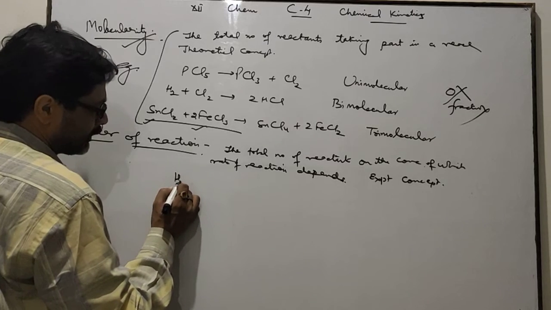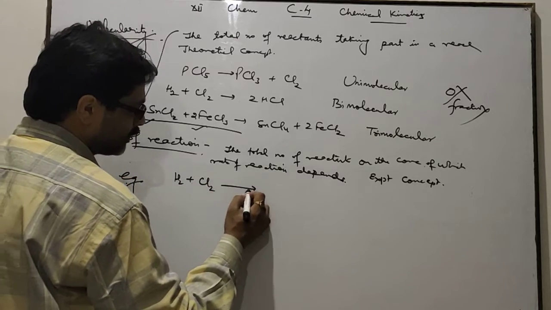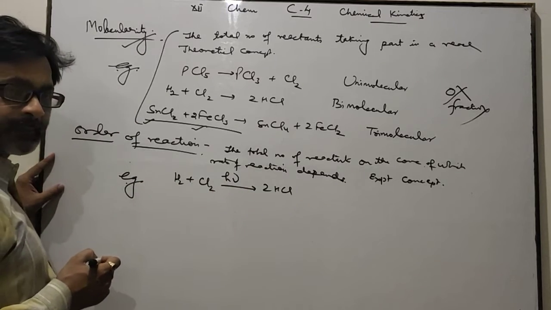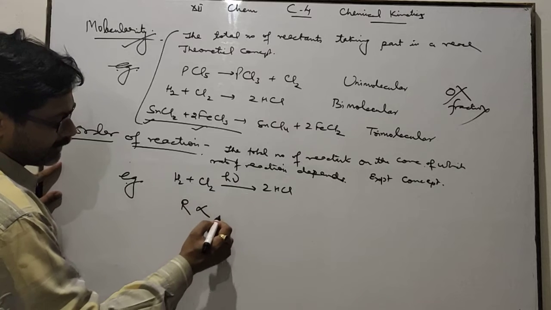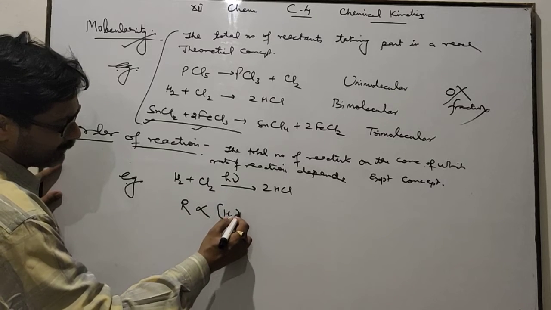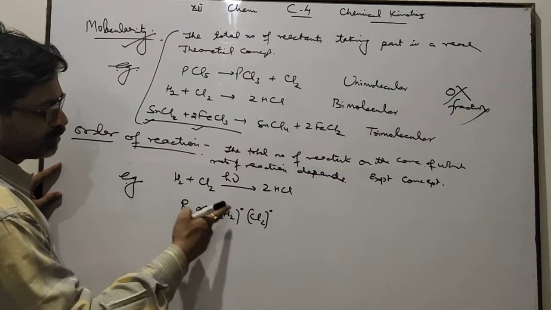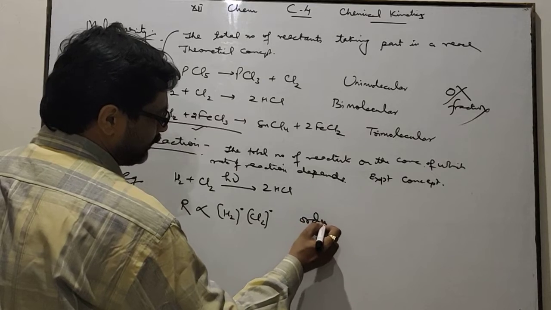Suppose H2 plus Cl2 gives 2HCl in the presence of sunlight. On experimentation, it was found that the rate of reaction does not depend on the concentration of H2 or Cl2.